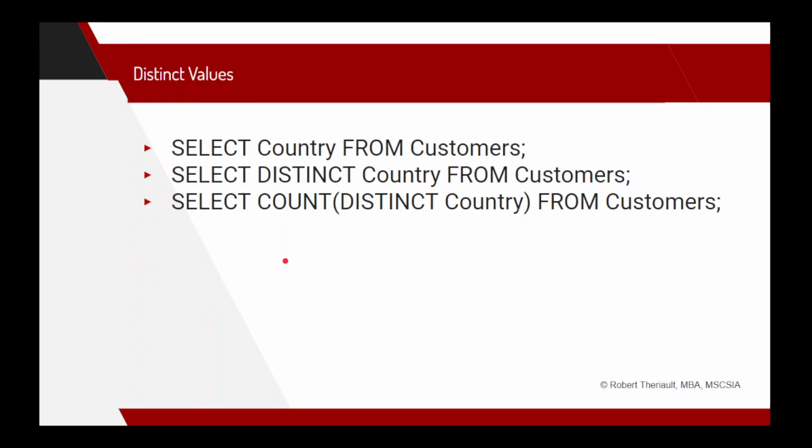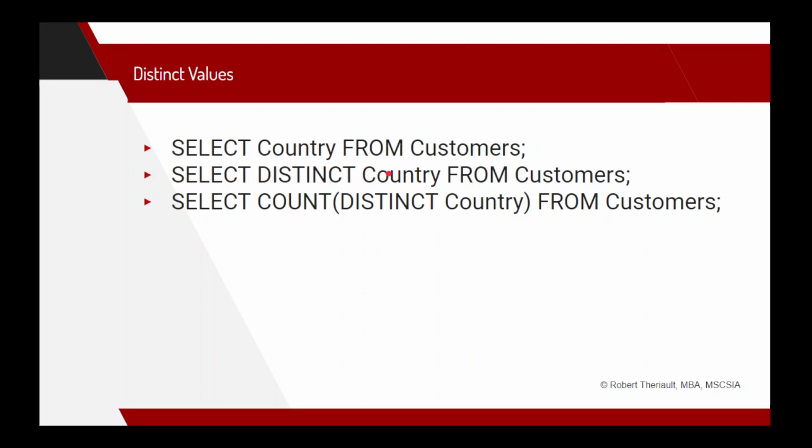The next piece is distinct values. This first one is just the generic select the country from the customer, so what country the customer comes from. The next one is the distinct countries.